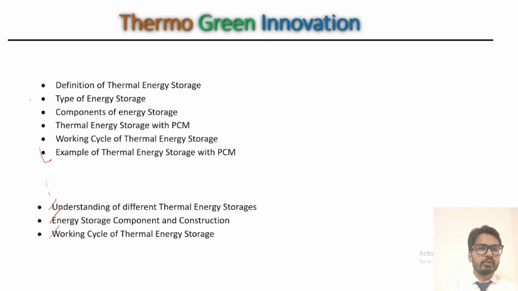So far we understood what thermal energy storage is and what the types of thermal energy storage are: sensible, latent, and thermochemical. We understood the components of energy storage, what thermal energy storage with phase change material is, the working cycle of thermal energy storage, and an example of thermal energy storage.